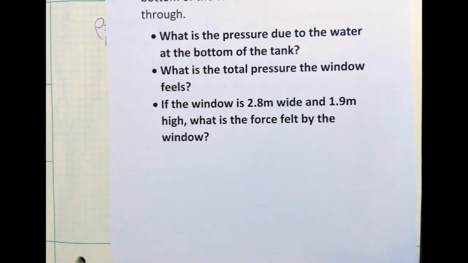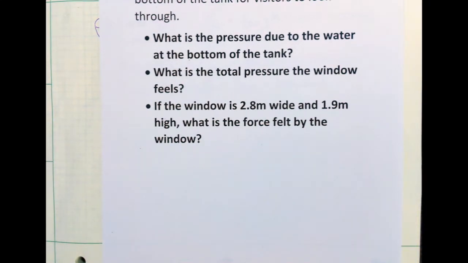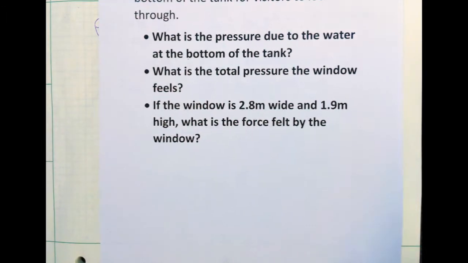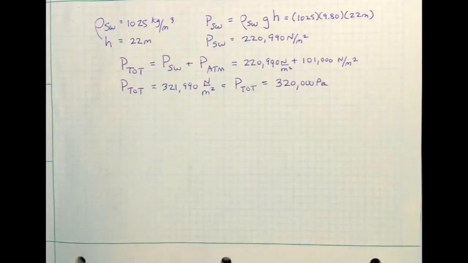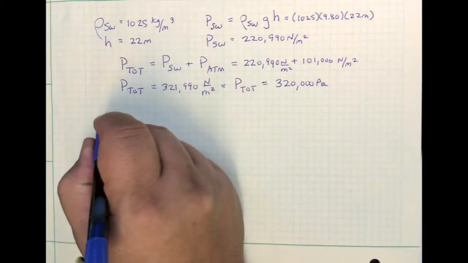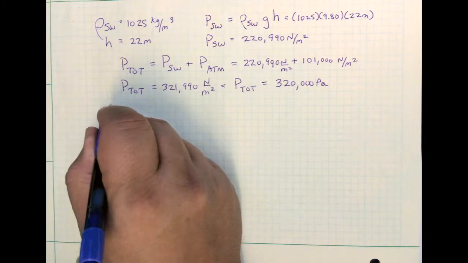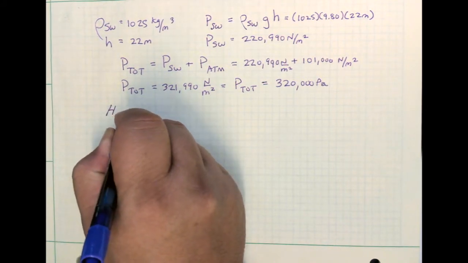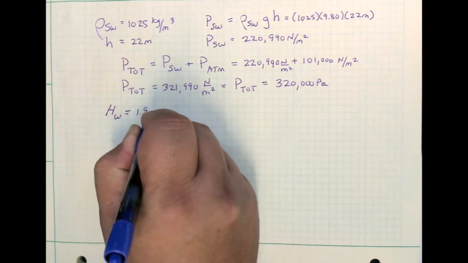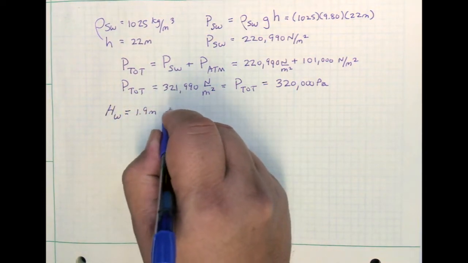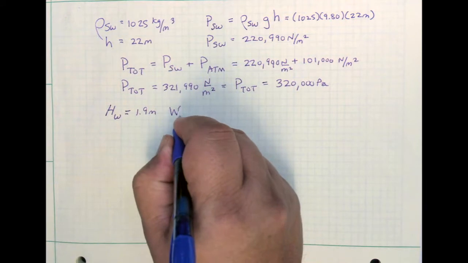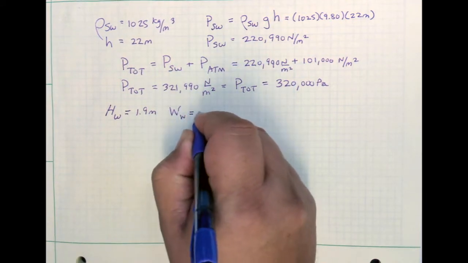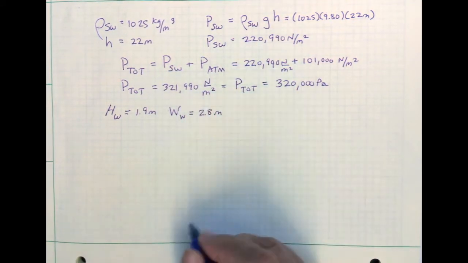The third question asks, if the window is 2.8 meters wide and 1.9 meters high, what is the force felt by the window? Well, this is some new information, and so we have to write that down. We are told that the height of the window is 1.9 meters, and the width of the window is 2.8 meters.